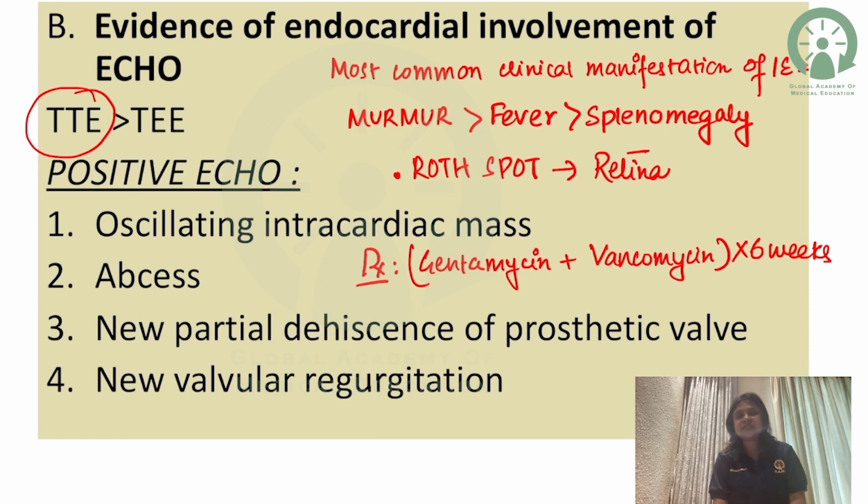If we get MSSA, that is methicillin sensitive Staph aureus, we usually add cloxacillin. If you're getting MRSA, then again we continue with vancomycin, right? And whatever organisms we get, we modulate the treatment according to the sensitive organism, and we start on the treatment based on the culture report.